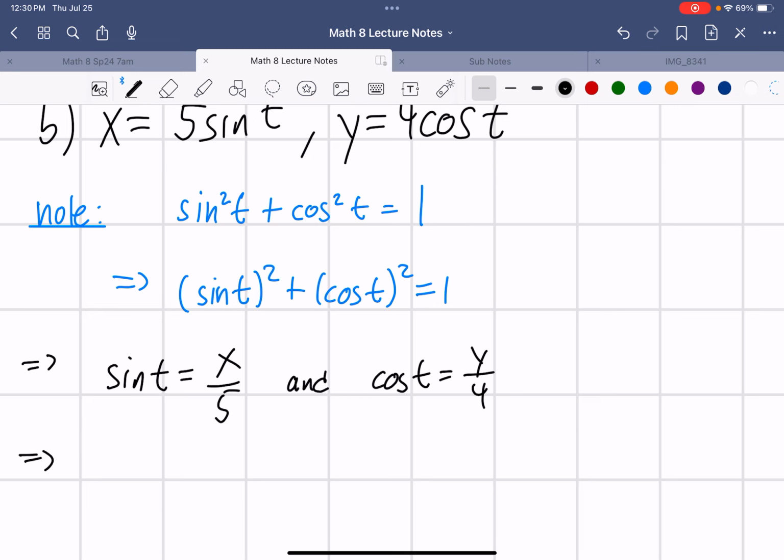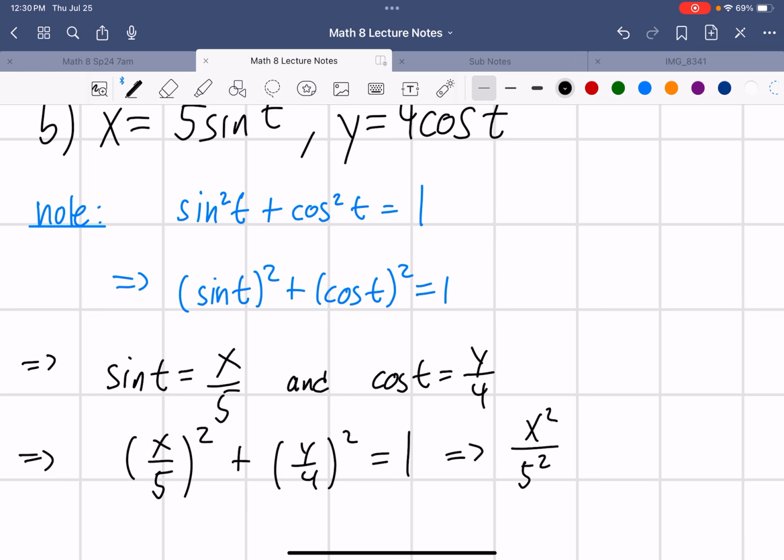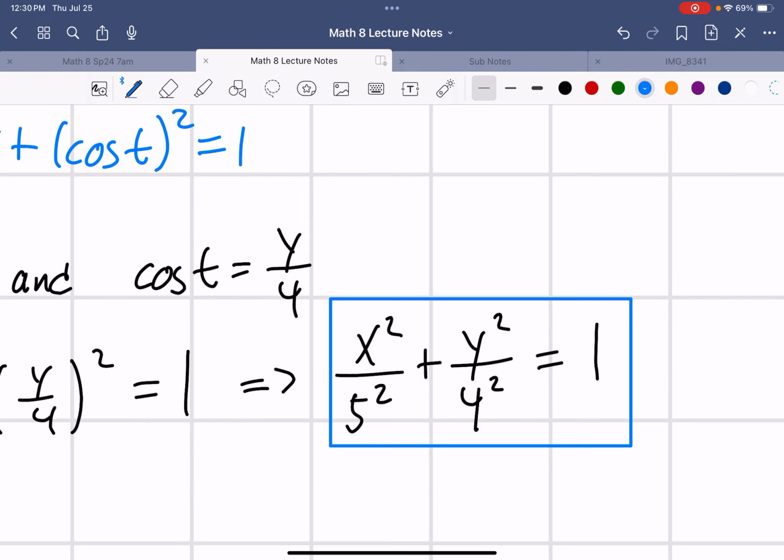And then that allows me to make my substitution as x over 5 squared plus y over 4 squared equaling 1. And that simplifies to x squared over 5 squared plus y squared over 4 squared equaling 1. And this is the rectangular form. And I didn't apply the power yet, I just distributed to the numerator and denominator.